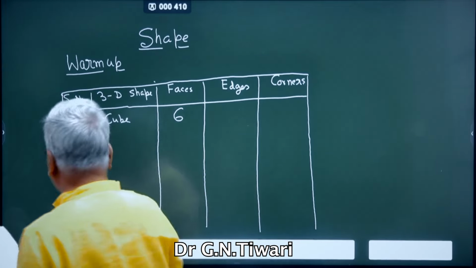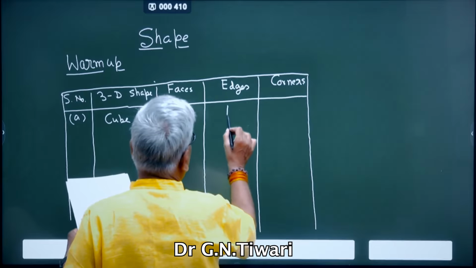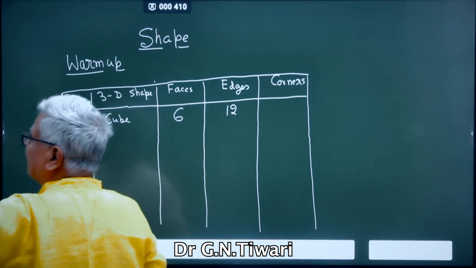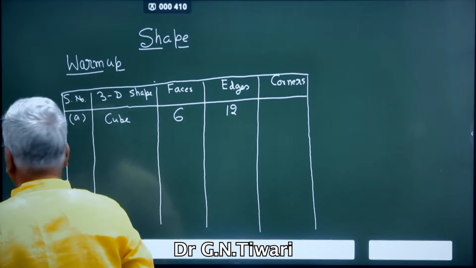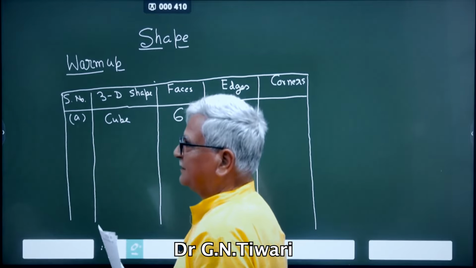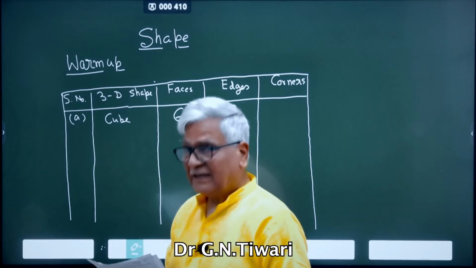So edges are 12. Edge means when 2 walls meet, it becomes an edge. Already defined. Corner is 8.